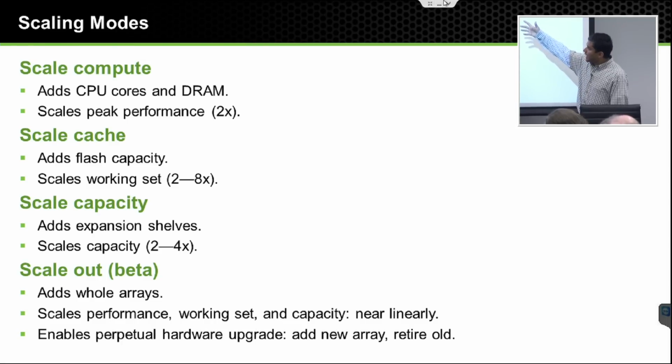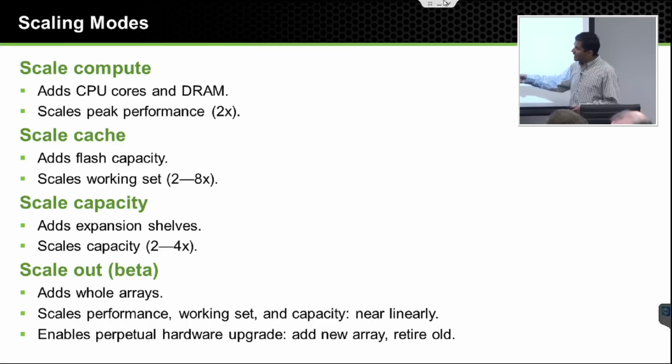So we have released all of these 3 modes of scaling up. And we are now in beta with scale out, which is this very powerful ability to add whole arrays and scale all the dimensions at once.